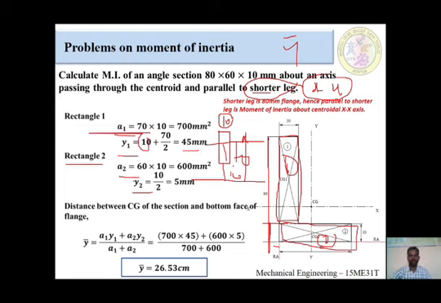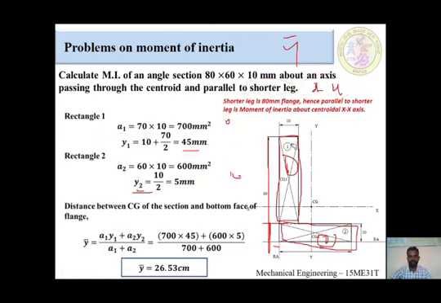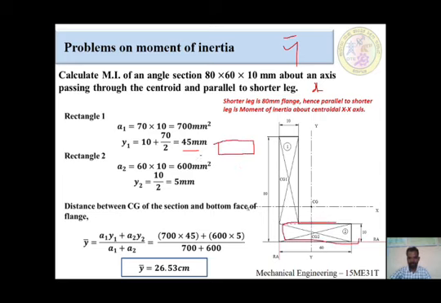After that, rectangle 2. A2, Y2. How to find A2? I am taking out the second component outside. This is like this only, and the horizontal axis is on the line only.